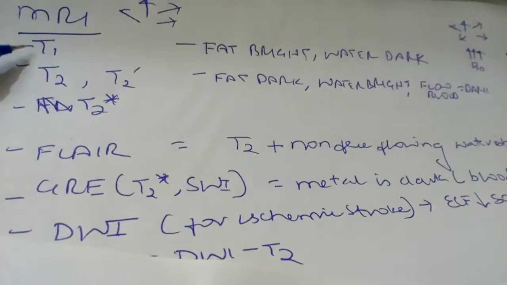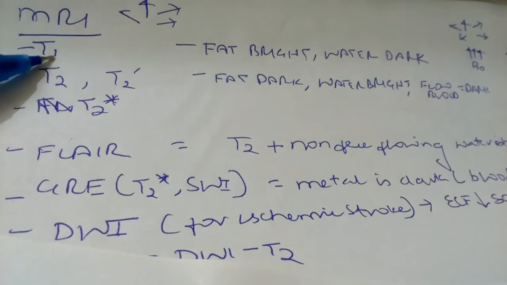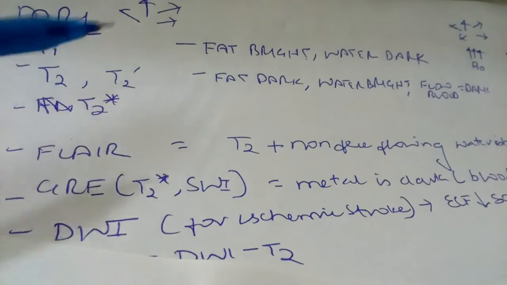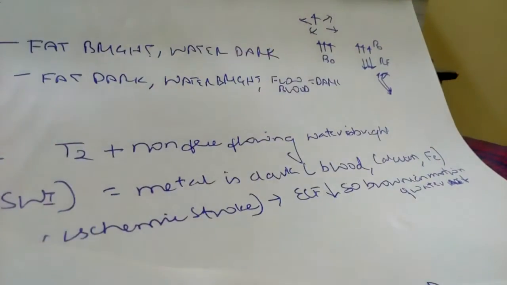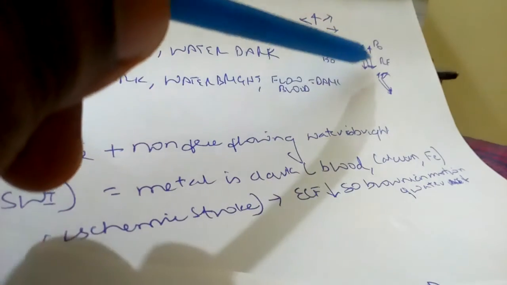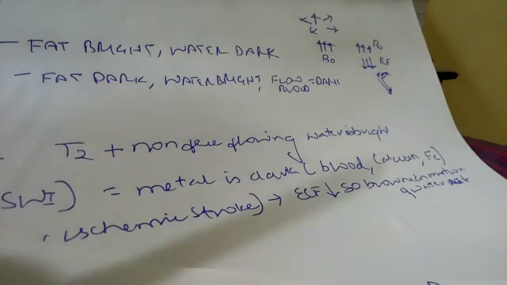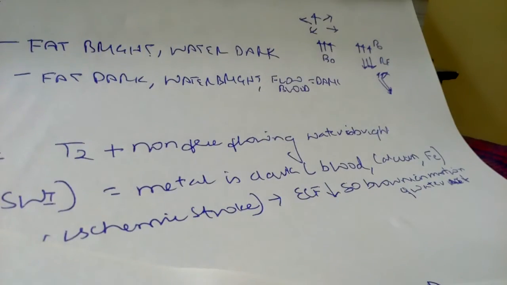In T1, the maximum amount of protons is present in water. Once we apply a magnetic field, a large amount of protons will enter this particular direction. Then once we apply the radio frequency, a large amount of protons will enter the high energy state, and they will take time to come back after the stoppage of the field.